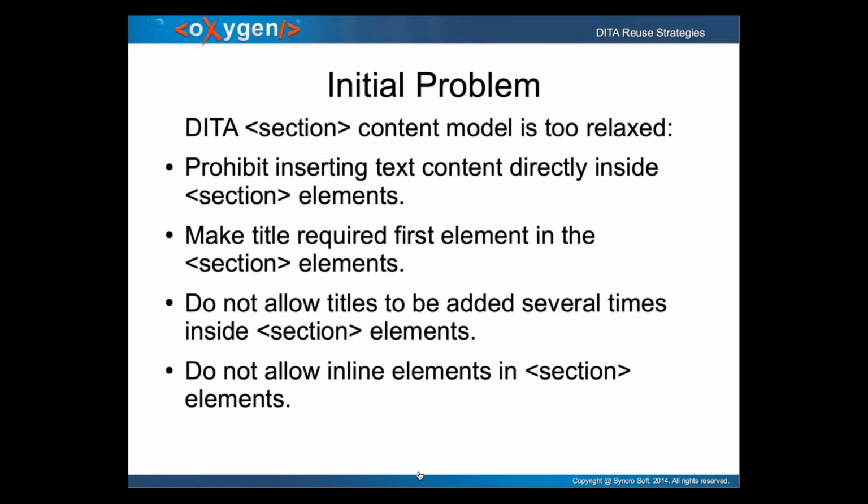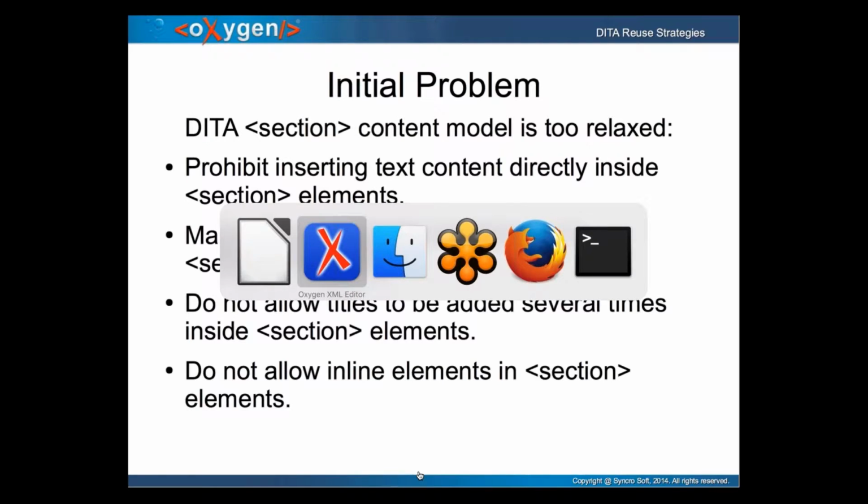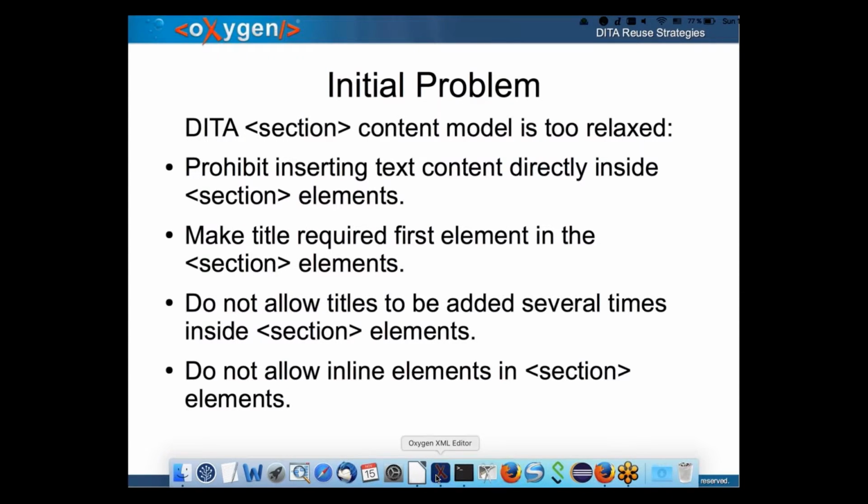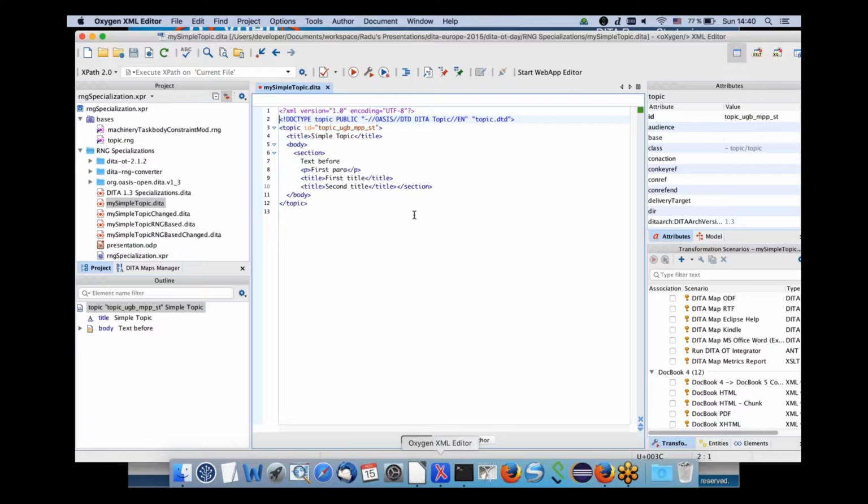So here's the initial problem we'll try to solve in this presentation. DITA has an element called section, and its content model is very relaxed. So, for example, I have a DITA topic here.